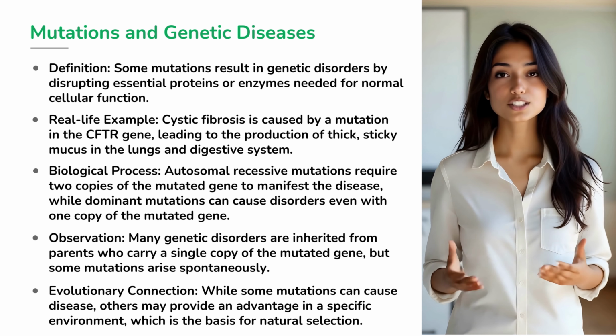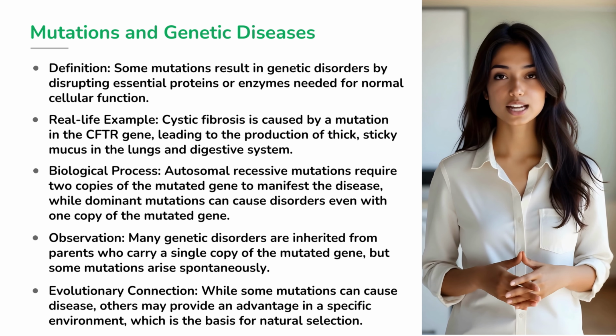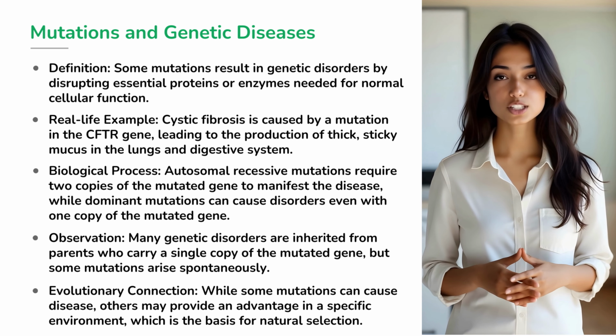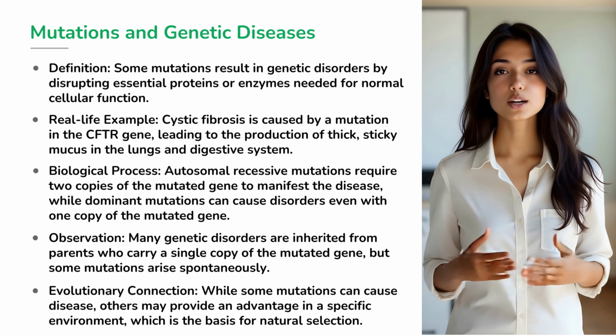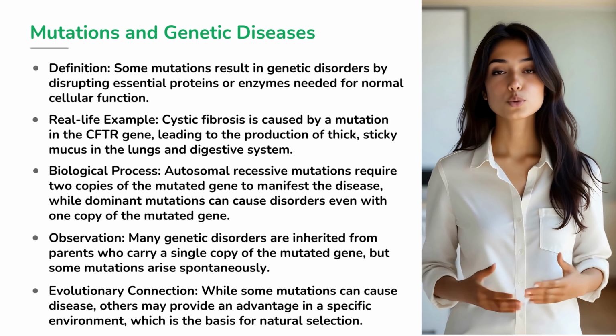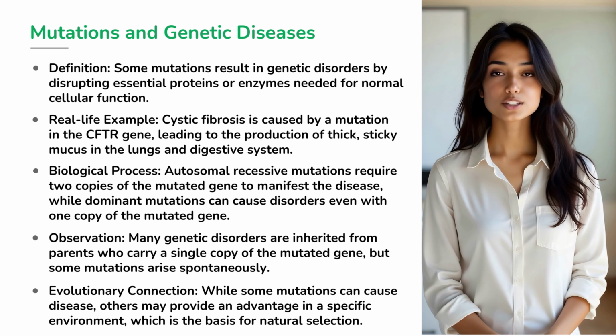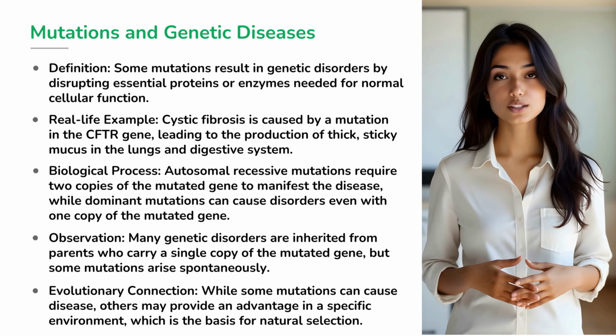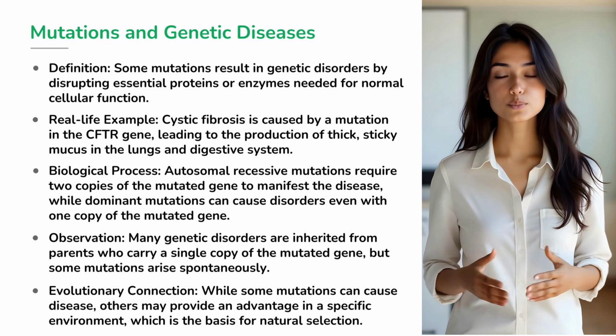Some mutations have serious consequences and lead to genetic diseases. For instance, cystic fibrosis is caused by a mutation in the CFTR gene, which leads to the production of a defective protein responsible for transporting chloride ions across cell membranes. This results in thick mucus buildup in the lungs and digestive system.